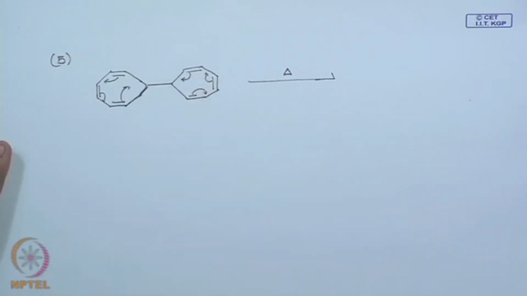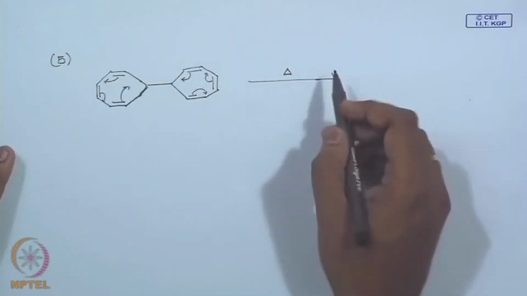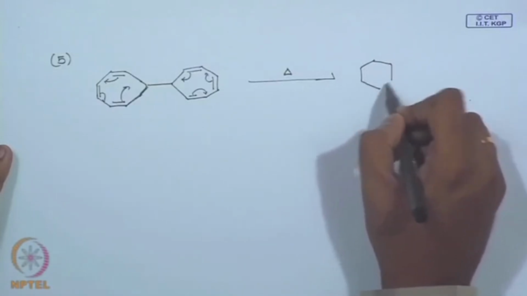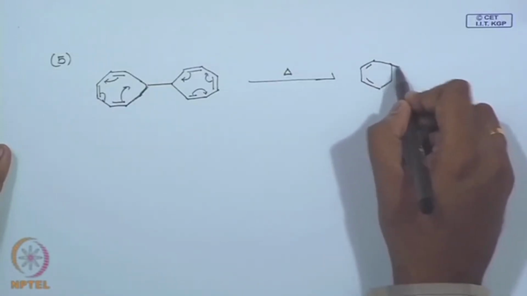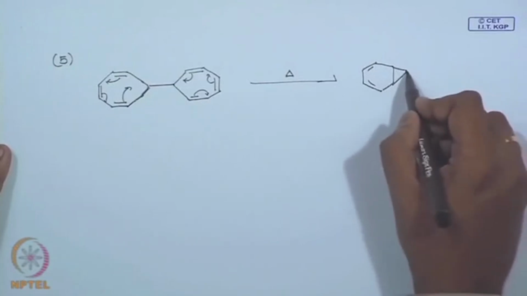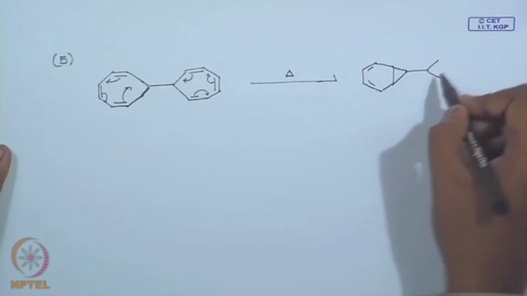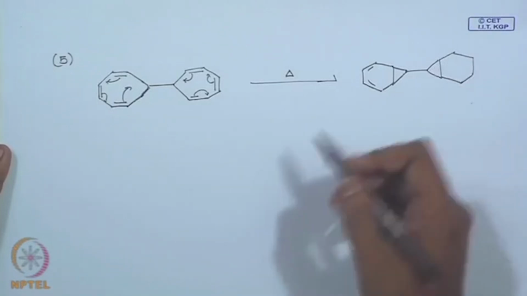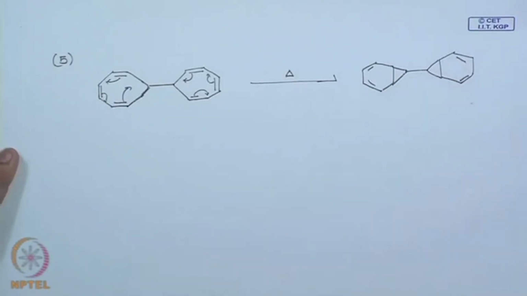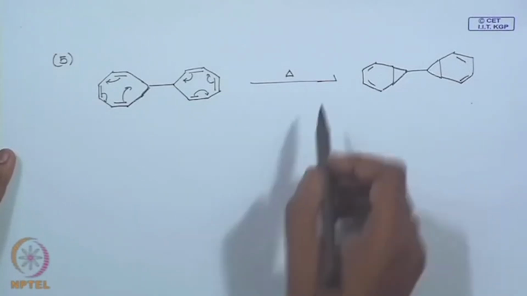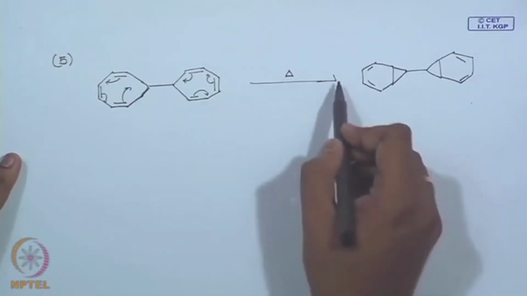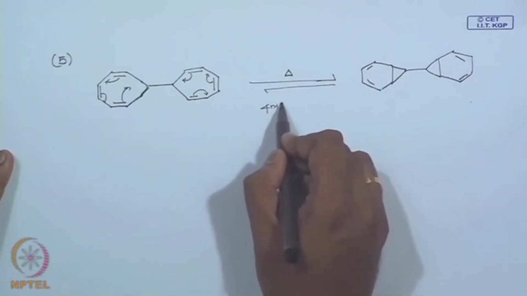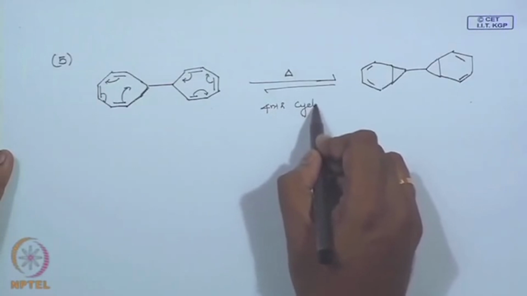So you get this nice product on heating. These are nicely reversible. This is nothing but a 4n plus 2 cyclization. Very good example.